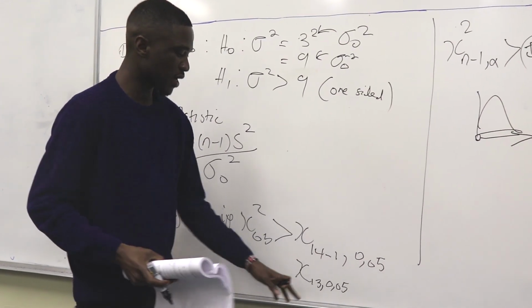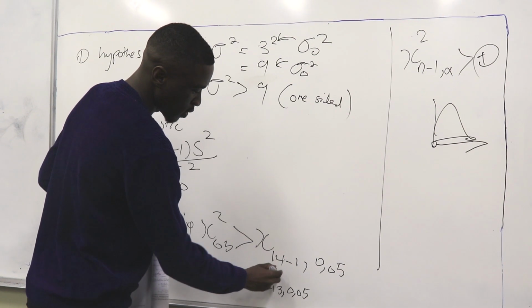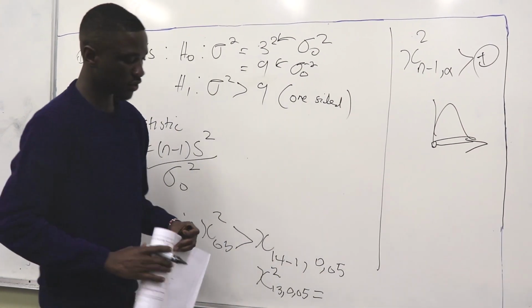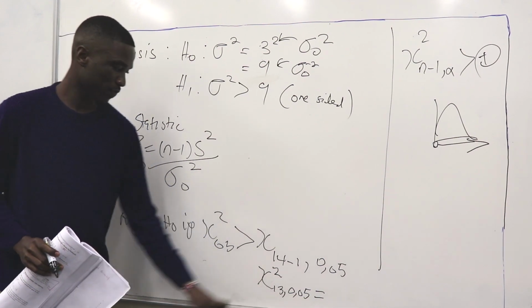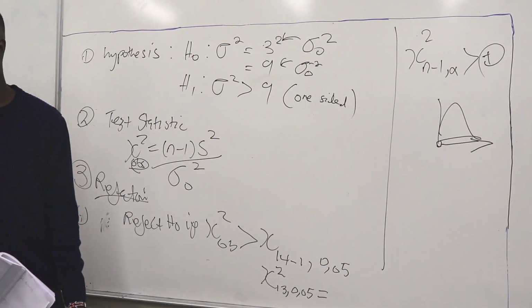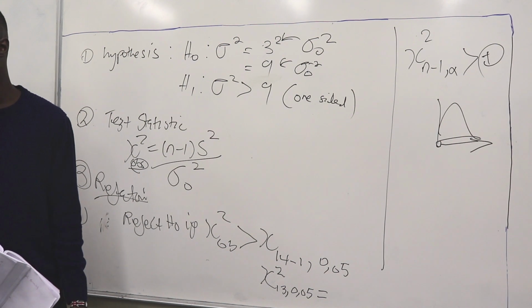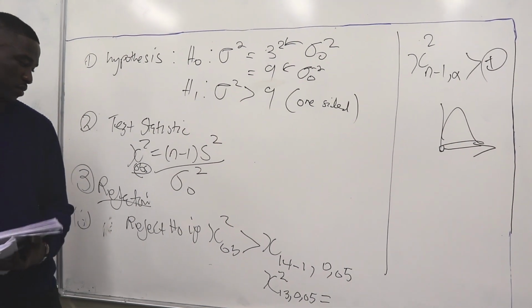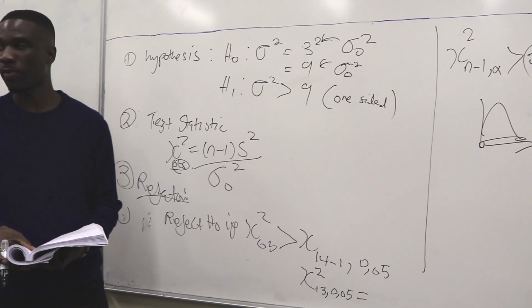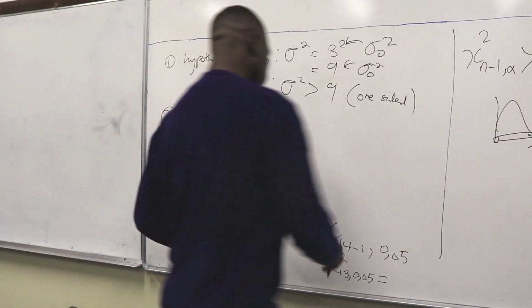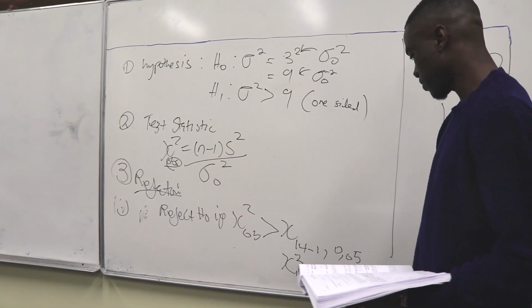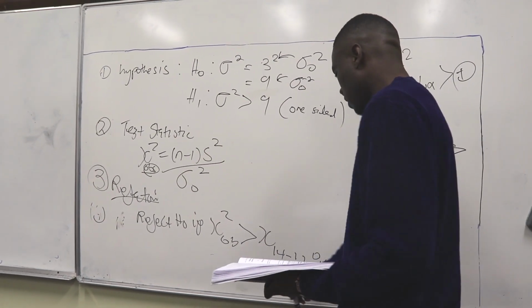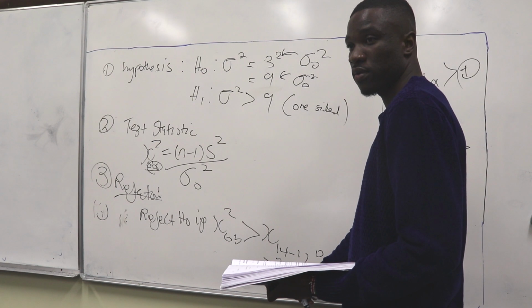So we're going to go to our chi-squared table and look for this value here. What are your degrees of freedom again? It's 13. We have 29.819. 13, 0.05. Yes, right?